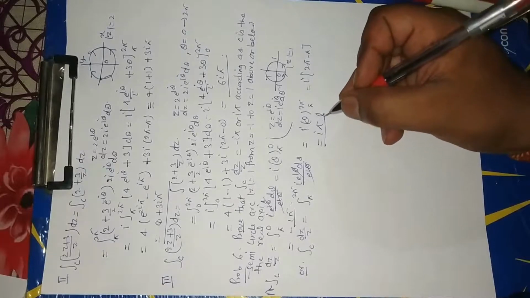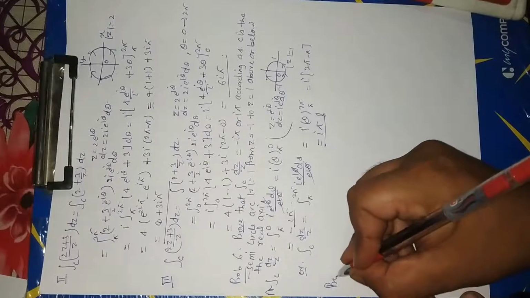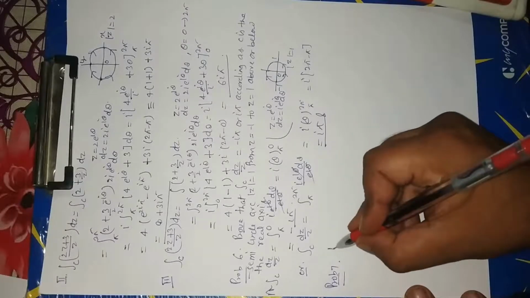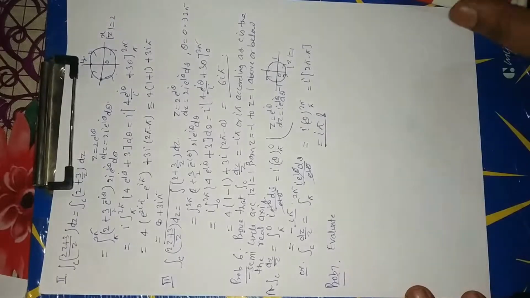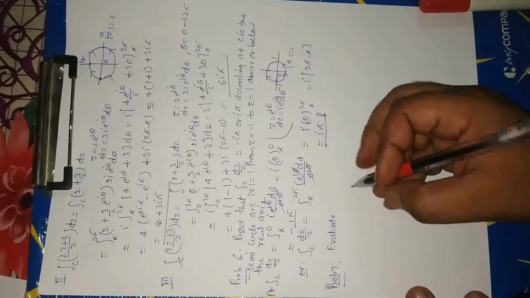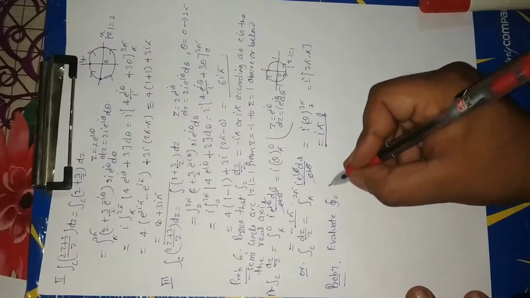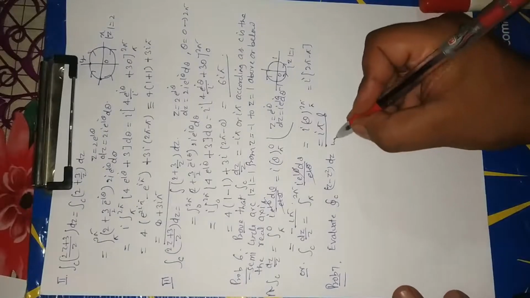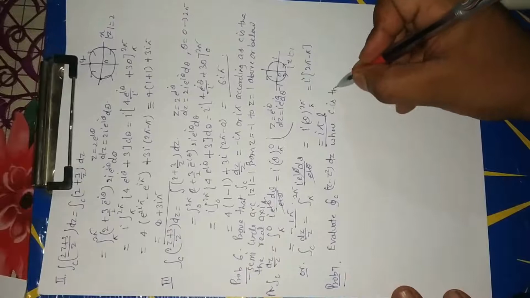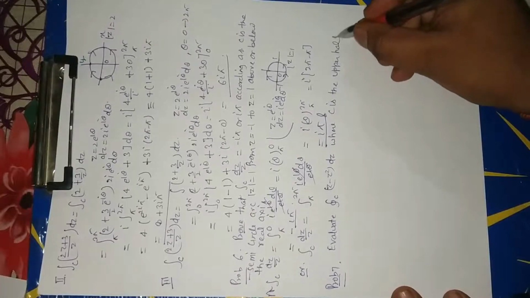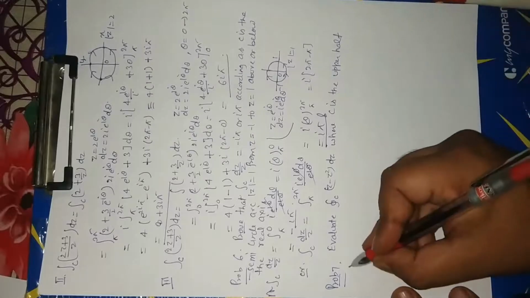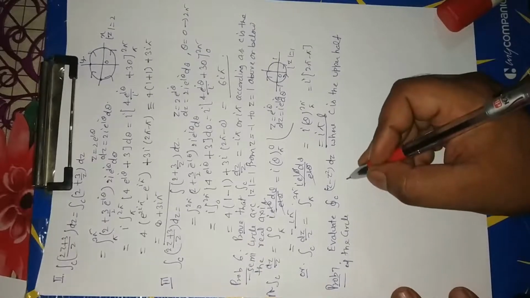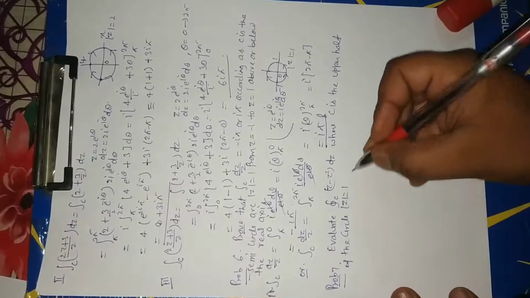Now next problem, problem number 7. Evaluate the integral over contour C of z minus z square dz, where C is the upper half of the circle mod z equal to 1.